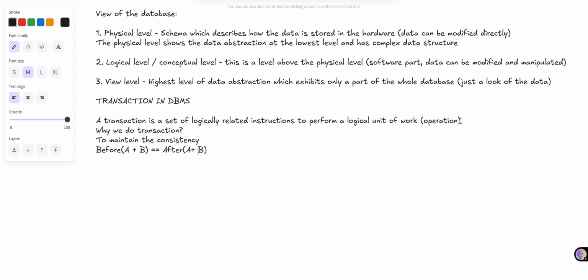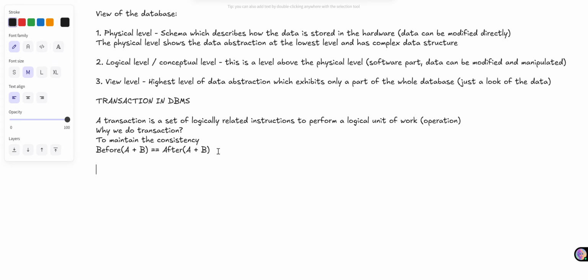If it was perfect before, like if A has 100 rupees and B has 0 rupees, so before, A plus B is 100, then after, A plus B must be 100. It should not be that the money is sent but not credited, so that both have 0. This is why we do transactions, simply this.